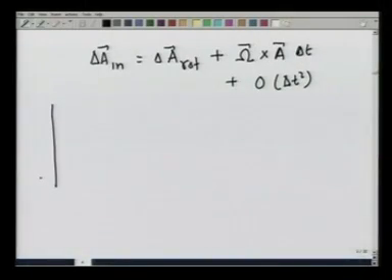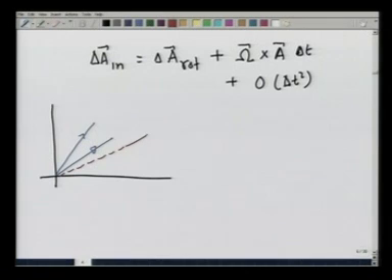I hope this point is very clear, and this is very, very crucial to our understanding. I took the vector A and changed it in two steps. In the first step, I just rotated it, fixed in the rotating frame. So, this was my rotating frame at time t, and this is my rotating frame at time t plus delta t.